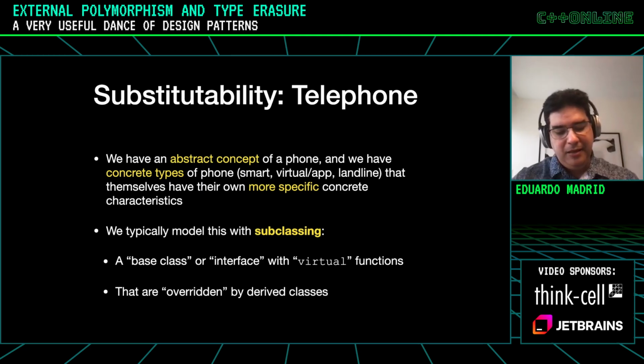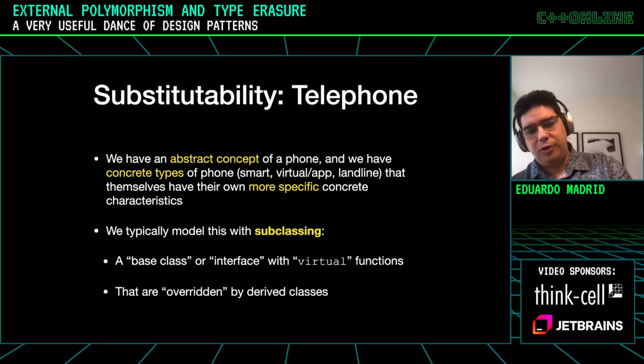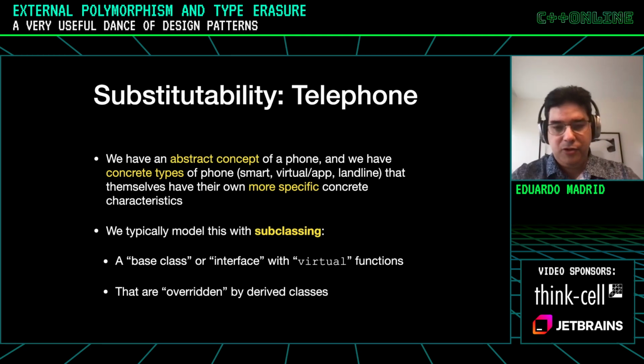It is the same thing that we know from the beginning of our C++ journey. It has a base class or an interface that has so-called virtual functions. I hope that you understand what virtual functions are, because if not, then we have a problem.